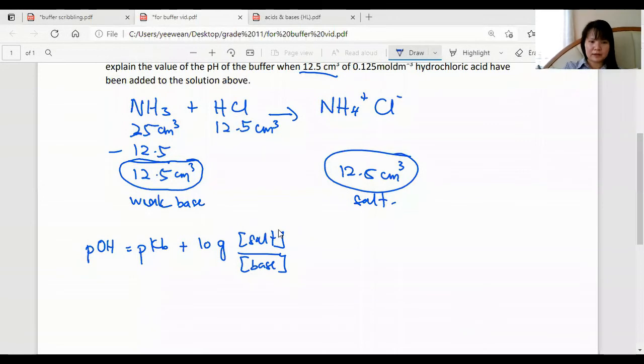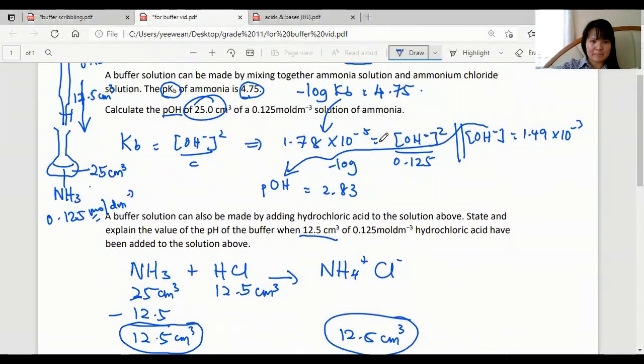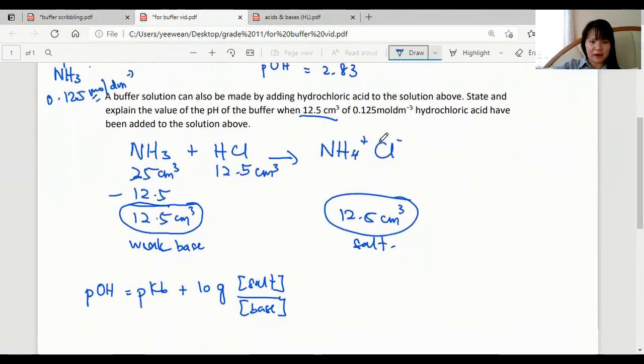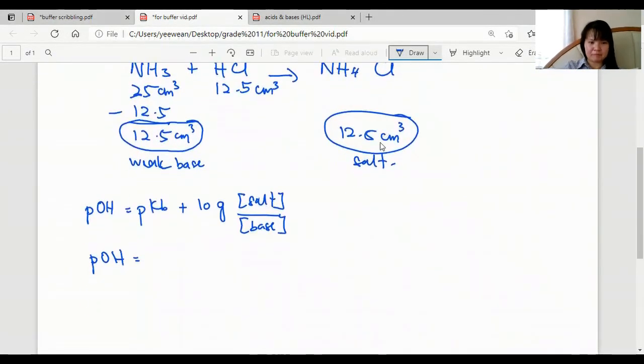We're going to use this formula. So pOH equals pKb, which is already given up here, so 4.75, plus log. They have the same volume, therefore they started off with the same concentration as well, so their concentration is now the same.